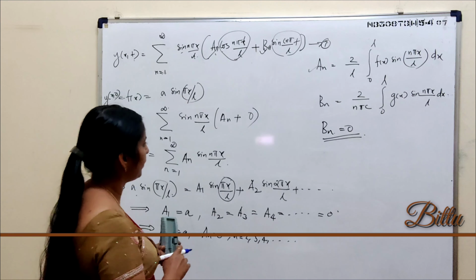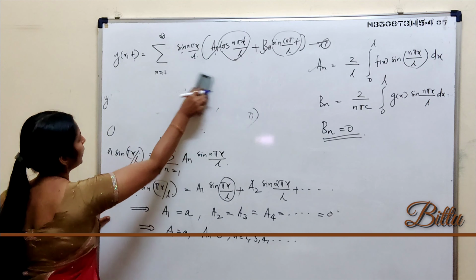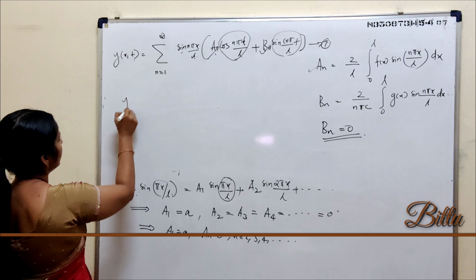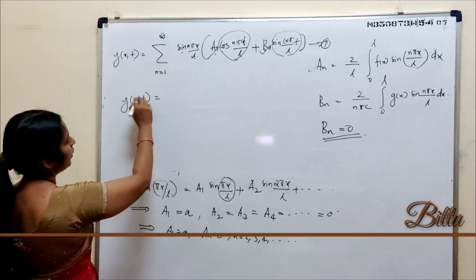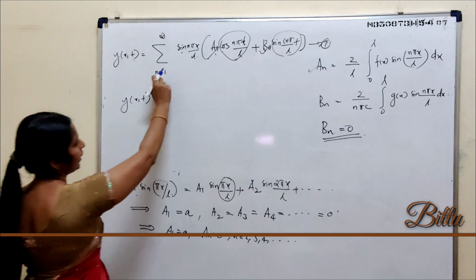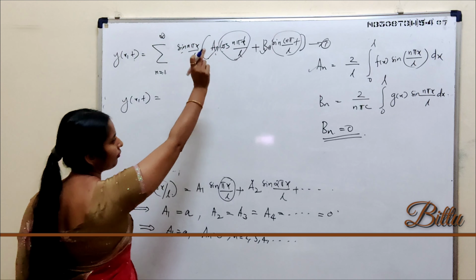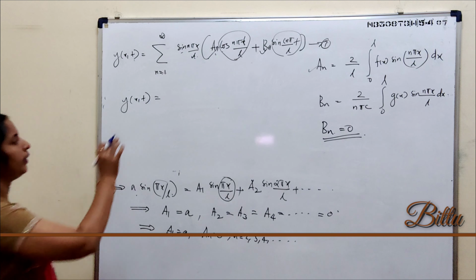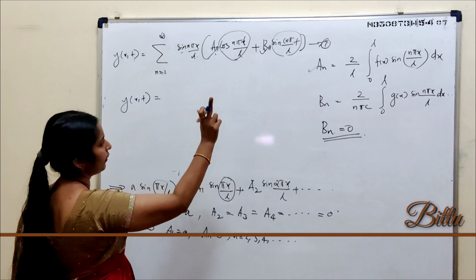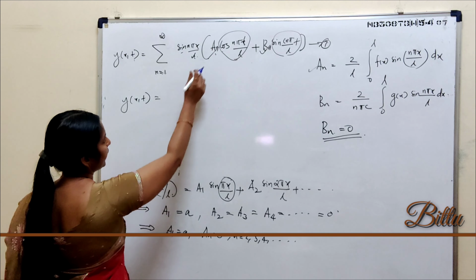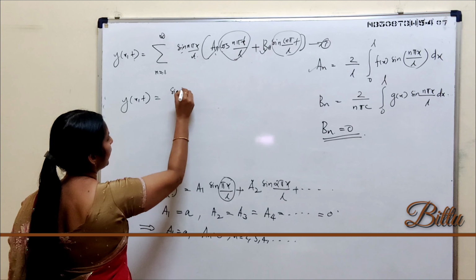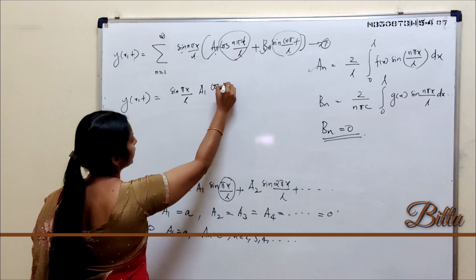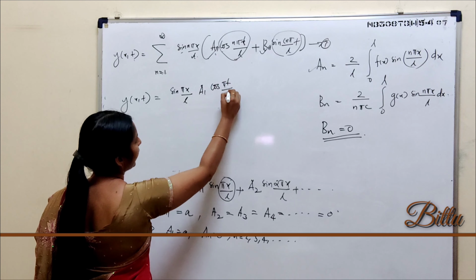So the solution of our wave equation is, you put these values in equation number 7. y of x,t is equal to, see, while expanding, you can see a1, a2, a3, a4, etc. a2, a3, a4, etc. are zeros. So, in this summation, there is only one term, and that term is sin pi x by l a1 cos pi ct by l.